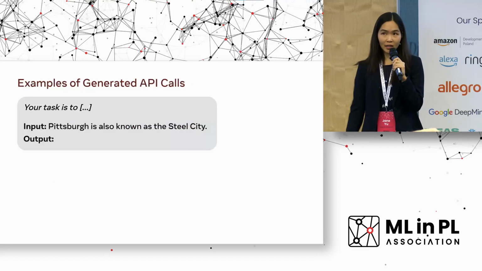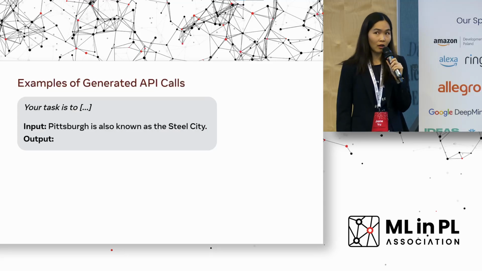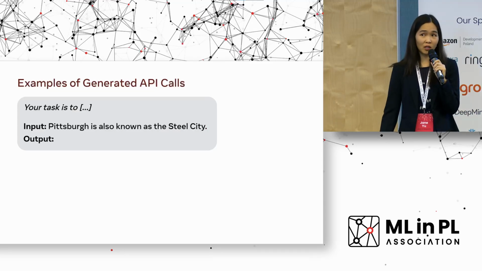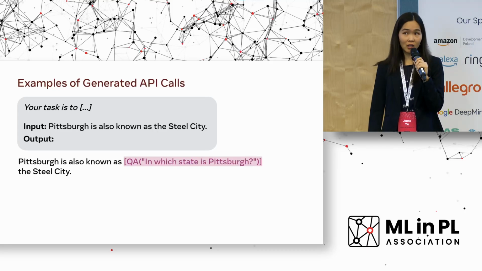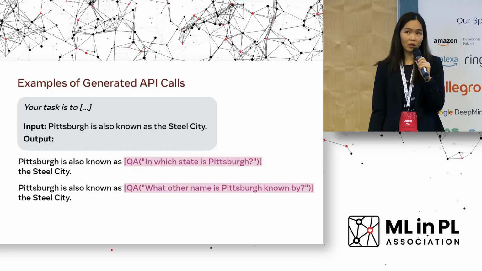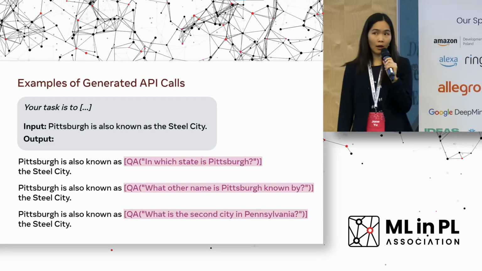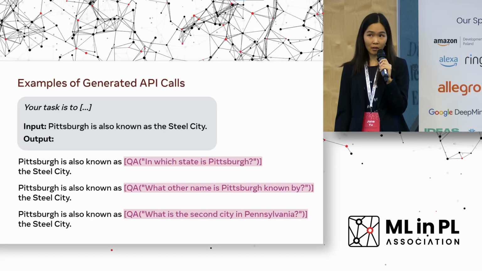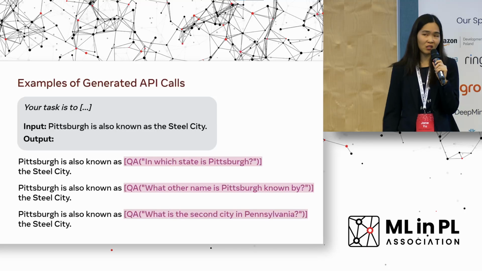Okay, so now let's take a look at a couple of the generated API calls that were produced here. Here my input is Pittsburgh is also known as the Steel City. The first one that it generates is in which state is Pittsburgh. The second is what other name is Pittsburgh known by. And the third is what is the second city in Pennsylvania. The first one, in which state is Pittsburgh, doesn't seem that useful.